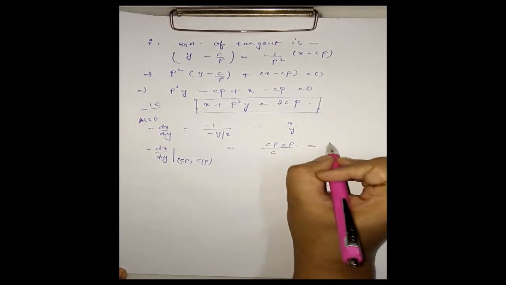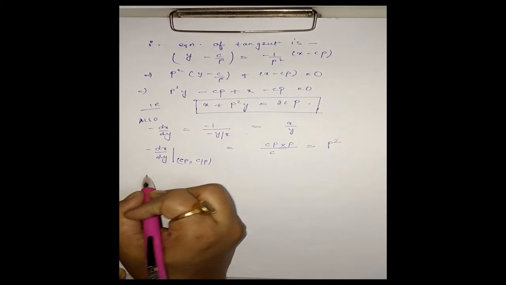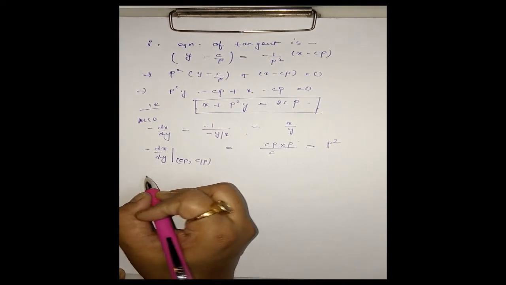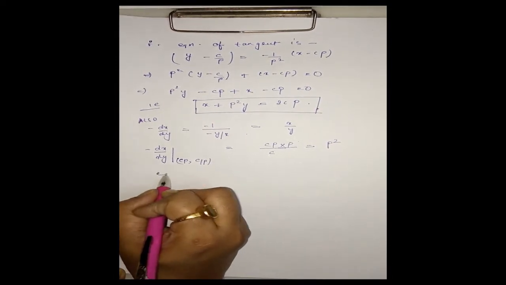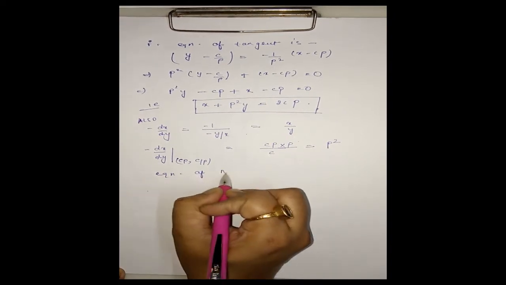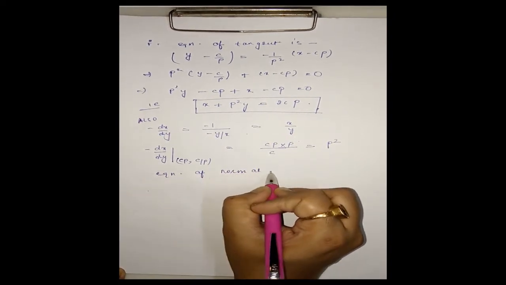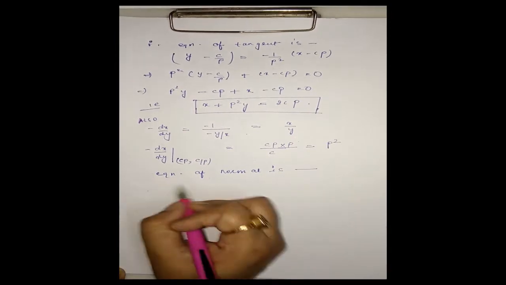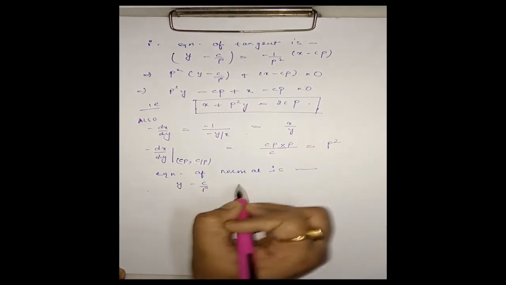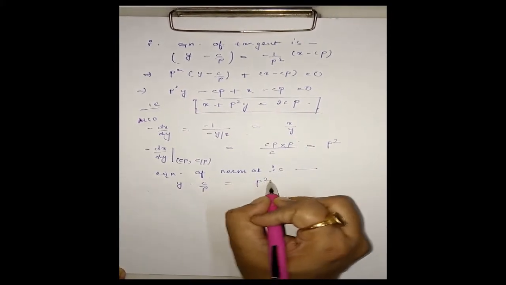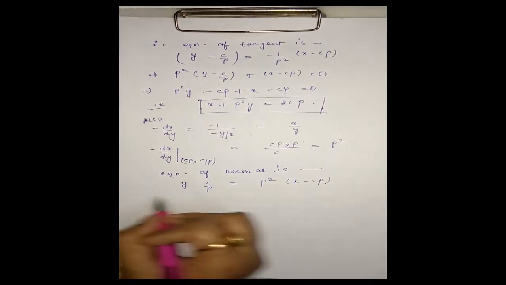That is p square. Okay, and equation of normal in that case is given by y minus cp is equal to p square x minus cp.